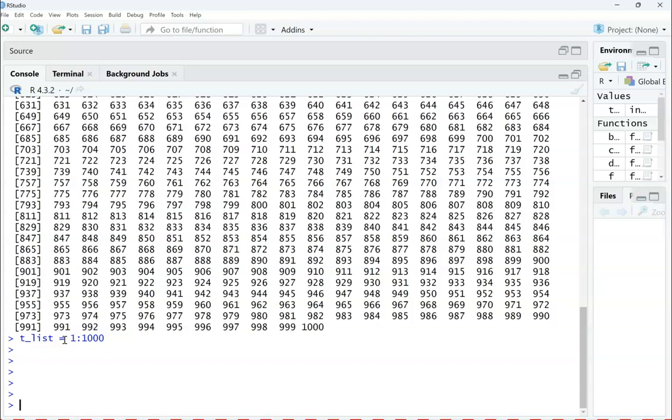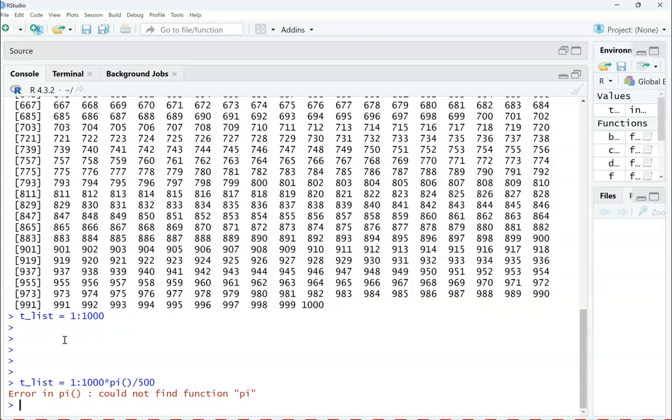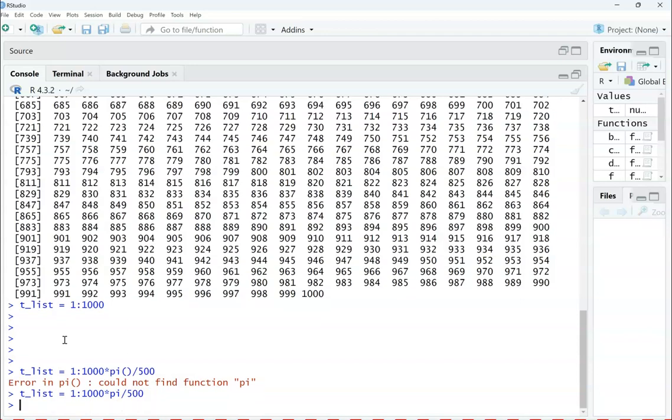Okay? So to do my T list in this case, the starting value would be 0, so I don't need to add anything. I'll do 1 to 1,000. I'll multiply it by 2 pi over 1,000, which is the same thing as multiplying by pi over 500. Oops, I don't need the parentheses. I was thinking Excel, sorry.